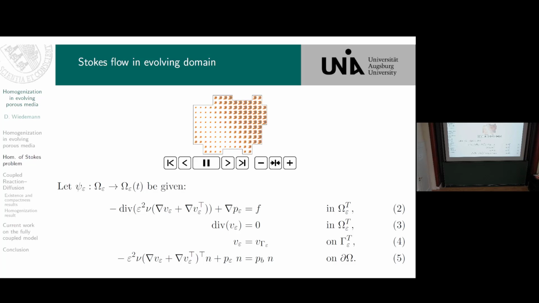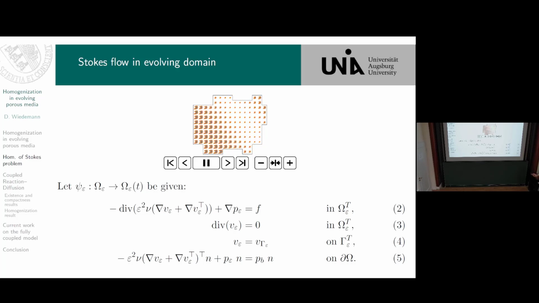And since we have this incompressibility condition, we have to ensure that the fluid can flow out or in at the outer boundary, otherwise this evolving domain would violate this incompressibility. We allow this by having this normal stress boundary condition at the outer boundary.